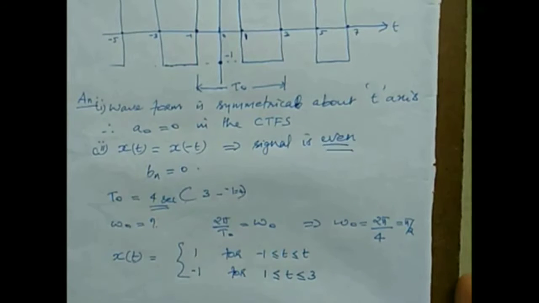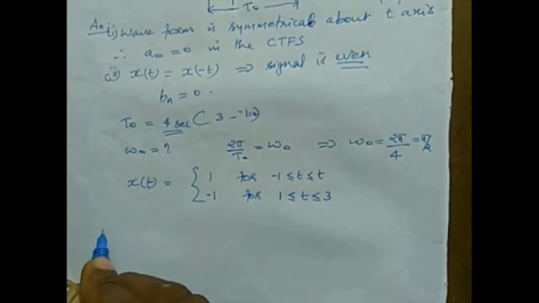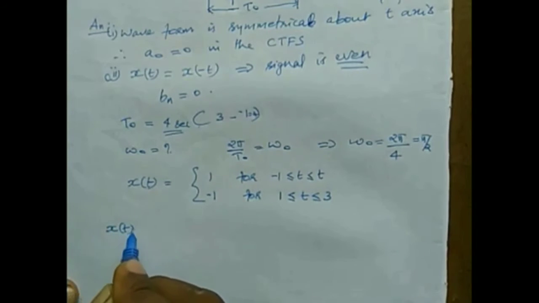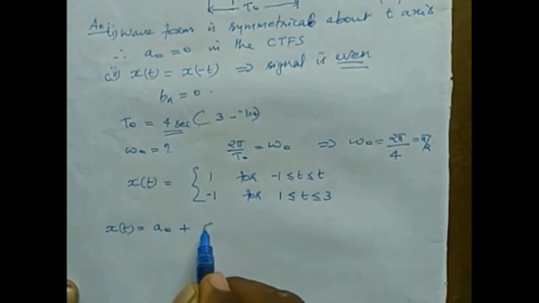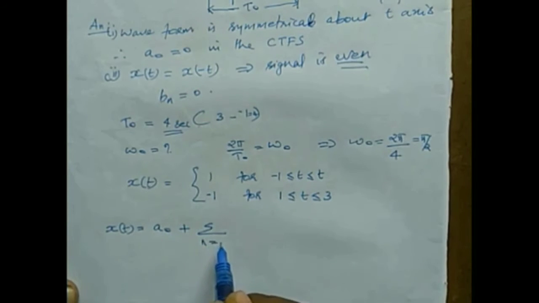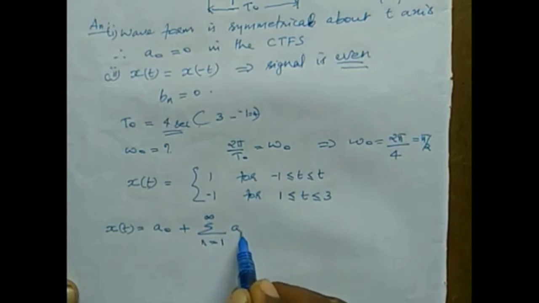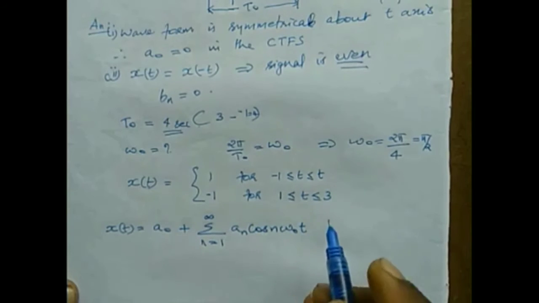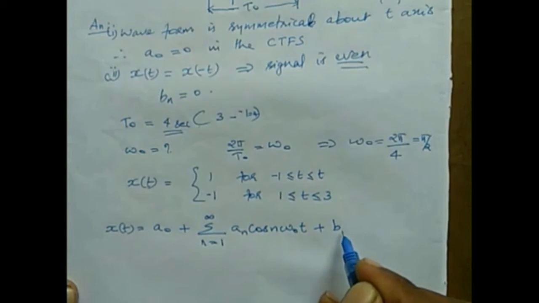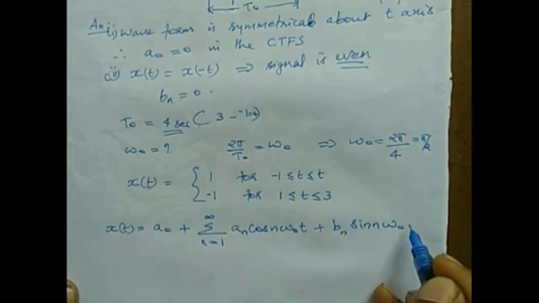Now let us write the equation for Fourier series. The Fourier series of a continuous time periodic signal is equal to a0 plus sigma n is equal to 1 to infinity of an cos n omega 0 t plus bn sin n omega 0 t.